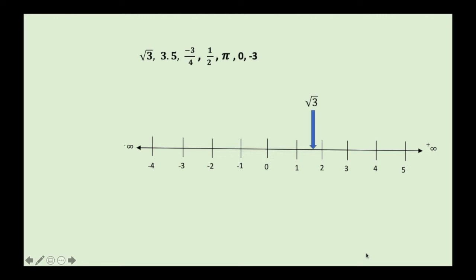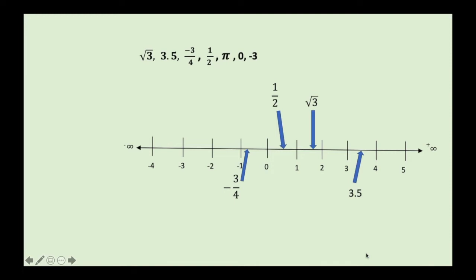The number 3.5 is halfway between 3 and 4, so we would like to place it here on the number line. -3/4 is a negative number, so it goes on the left side of 0 and is between the numbers 0 and -1, but closer to -1 than to 0, so we will place it here. Positive 1/2 is halfway between 0 and +1. We will place it here. The number pi is another irrational number and is approximately equal to 3.142 to 3 decimal places.